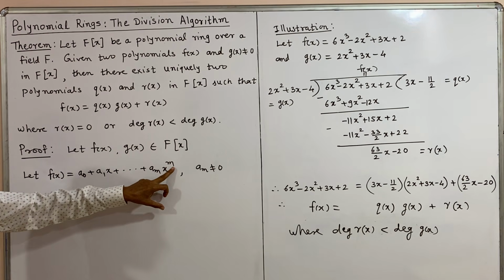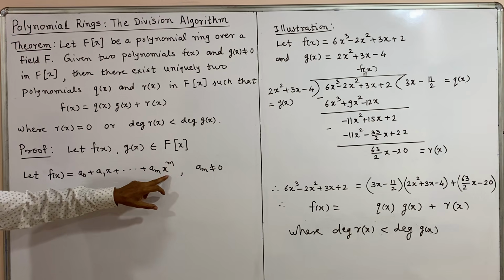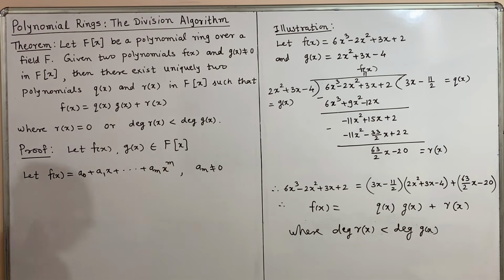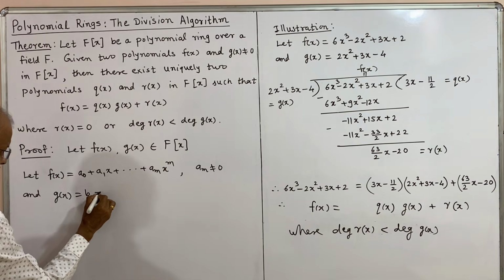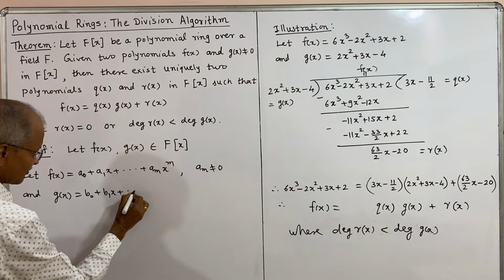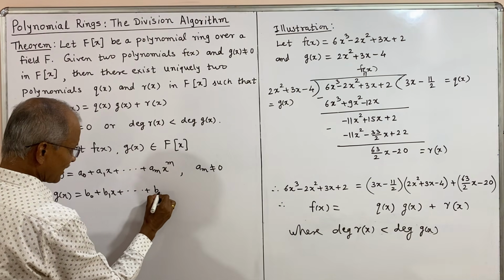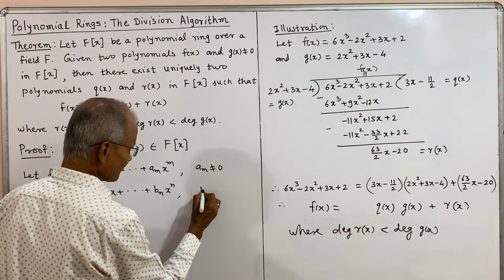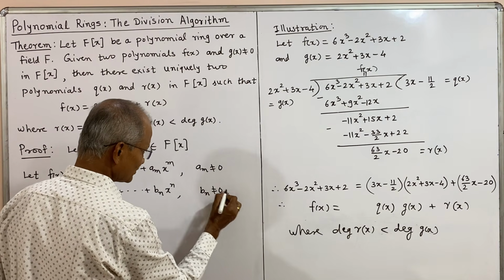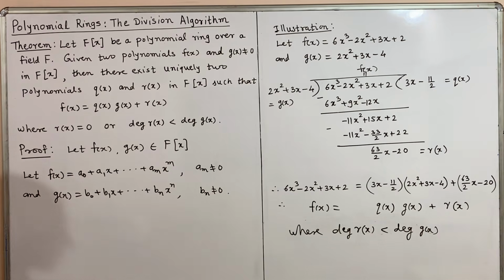It is a non-negative integer and it is the highest power of x in the polynomial. And g of x we write as b naught plus b1 x plus so on up to bn x raised to n, which is of degree n where bn is not equal to 0. These are the two polynomials.